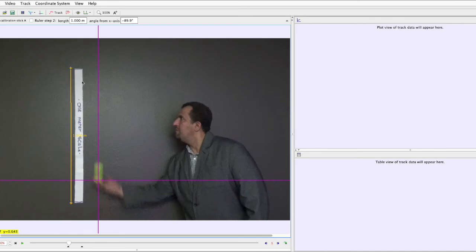And now what do I need to do now? I need to track this ball and see the position versus time and the velocity versus time plot. So let's do that together. And maybe I can do something here. I need to go to track.